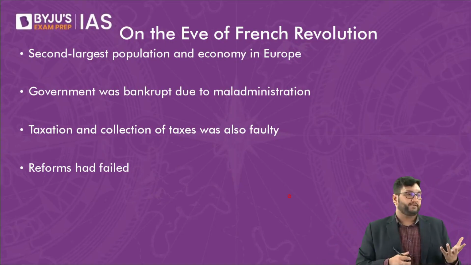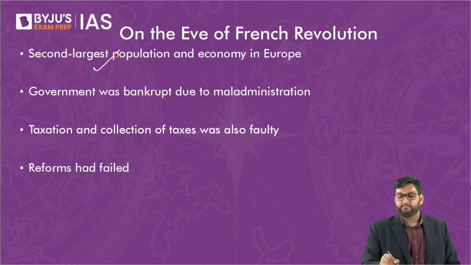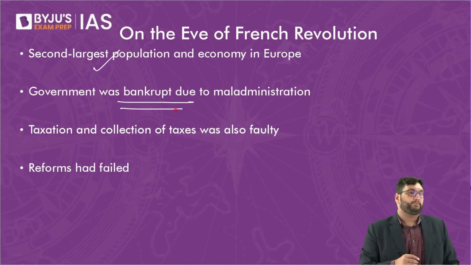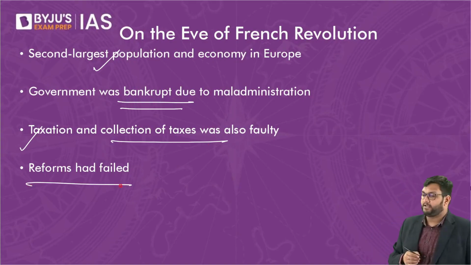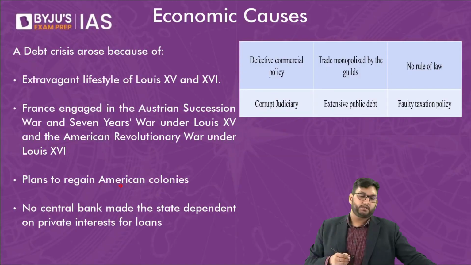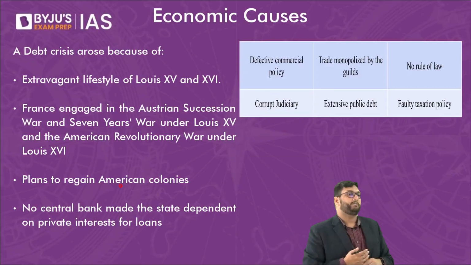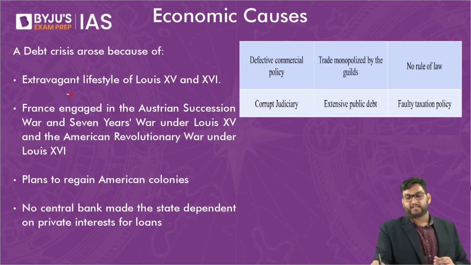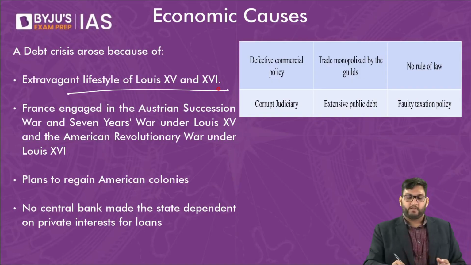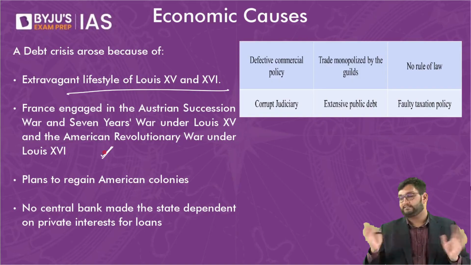On the eve of the French Revolution, France had the second largest population, the government was going bankrupt, taxation and collection systems were faulty, and reforms, if any, had failed. And when we talk about the economic causes, there was the extravagant lifestyle of Louis XV and XVI, and they had fought unnecessary wars.